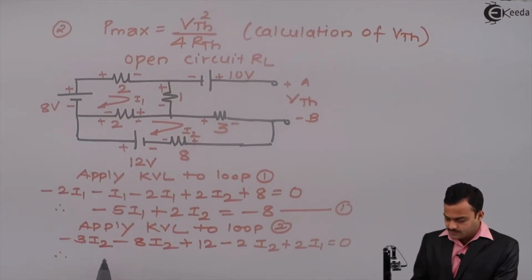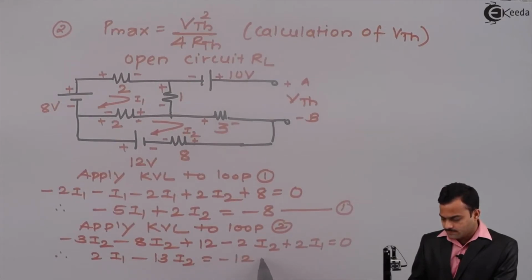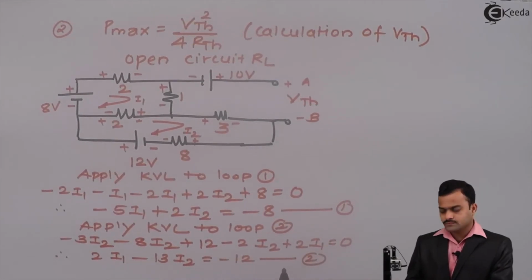If I rearrange the terms, I will get 2I1 minus 3, 8 is 11, 11 plus 2 is 13, so minus 13I2 equal to, taking the constant to the other side, minus 12, equation number 2.